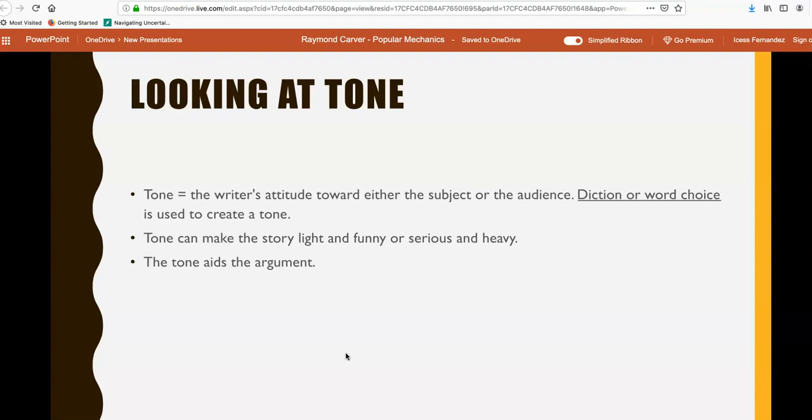Either way, you get to tone by looking at the choice of words or the order of the words in a sentence or phrase. By determining the tone, you can start determining what the argument is, because tone is a choice.